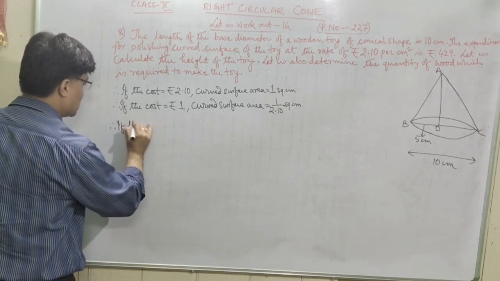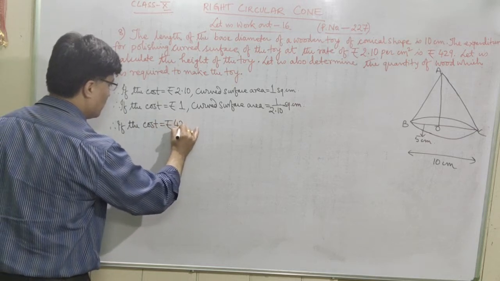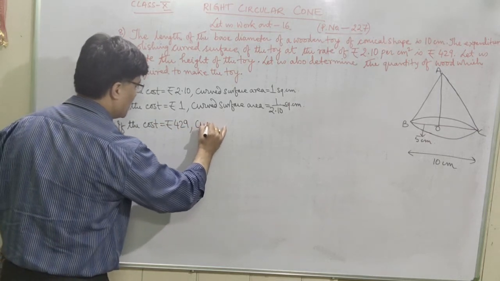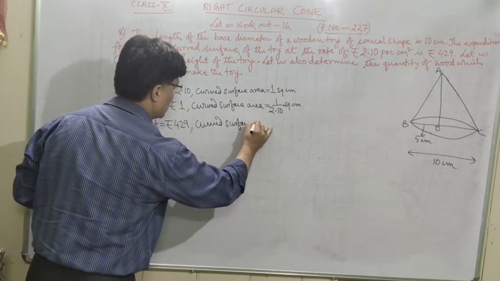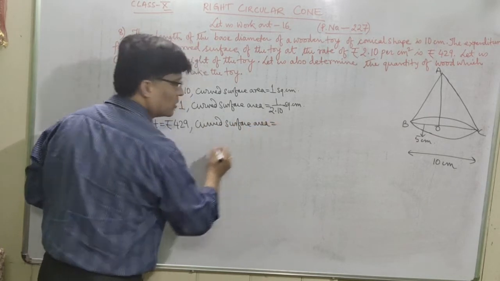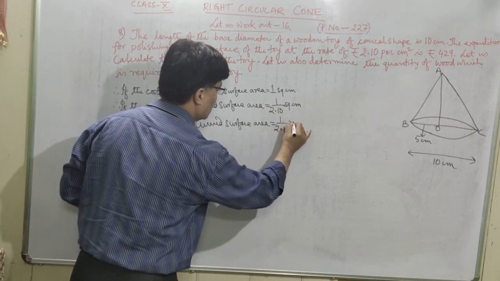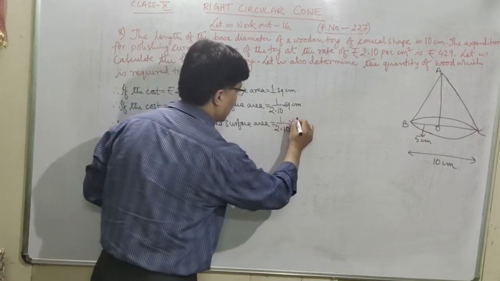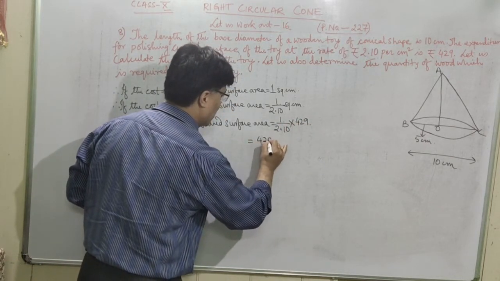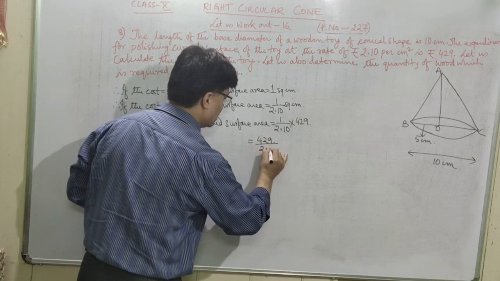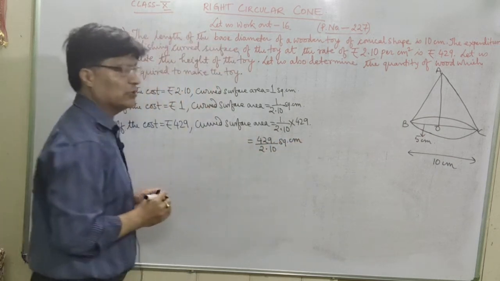If the cost is equal to rupees 429, so curved surface area is equal to what? It is 1 upon 2.10 into 429, which is equal to, you can write here, 429 divided by 2.10 square centimeter.